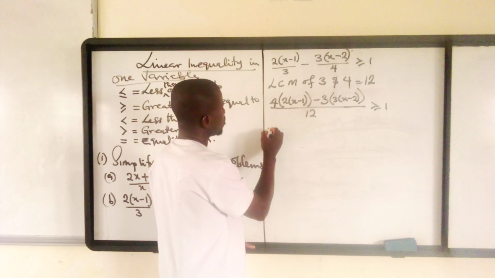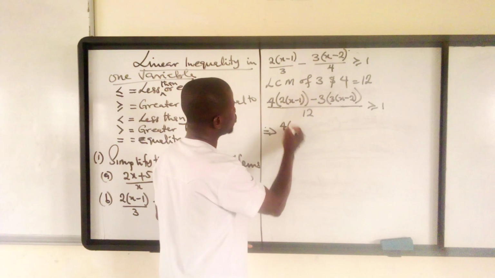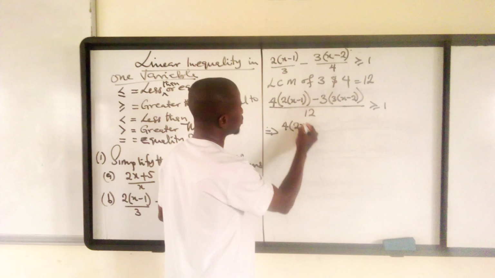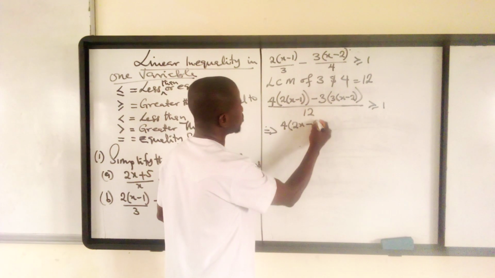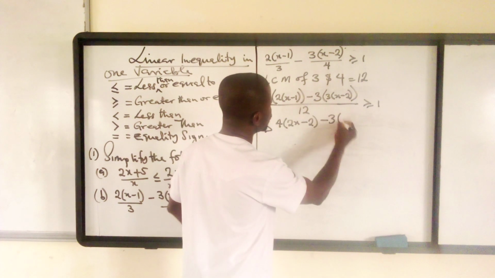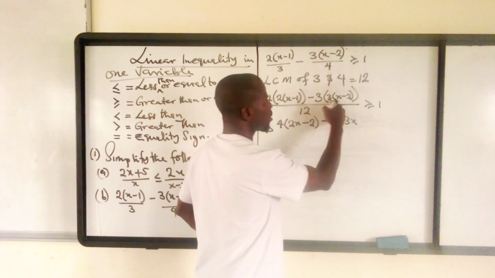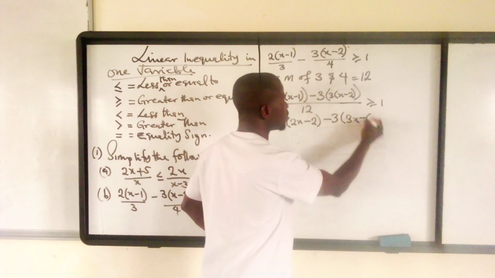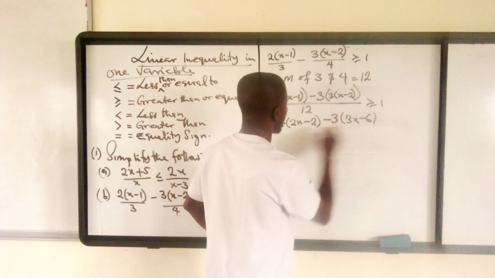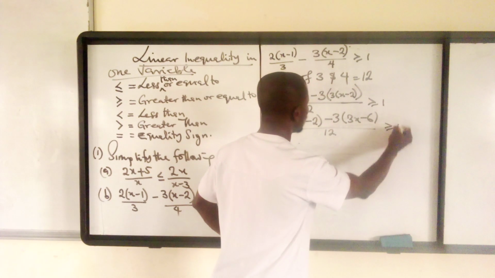This now implies that this is 4 into 2 times x is 2x, minus 2 times 1 is 2, minus 3 into 3 times x is 3x, and 3 times minus 2 is minus 6. Alright, divided by 12, greater or equal to 1.